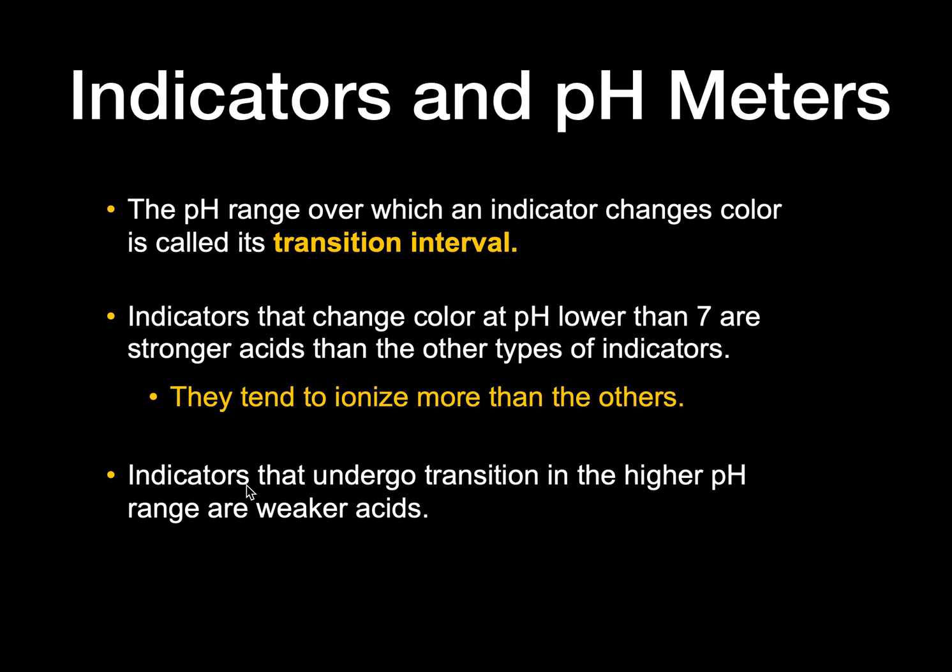Indicators that undergo transition in higher pH ranges are weaker acids, because we know our stronger acids are usually around 0, 1, 2, 3, and we'll say 3.5. And as they go up to get to 7 neutral, they're weaker acids.